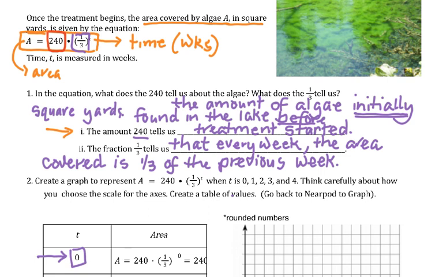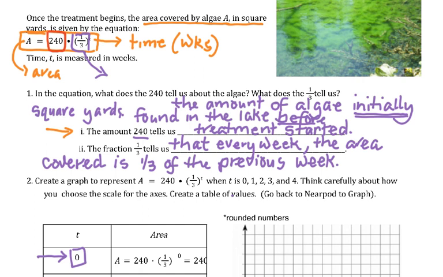We've applied a product to the algae, and every week that algae is going away at a rate of 1/3 of the previous week. So every week the area covered is 1/3 of the previous week, meaning the area is getting smaller and smaller, because the product is working.